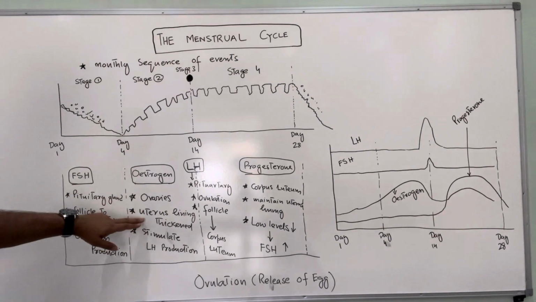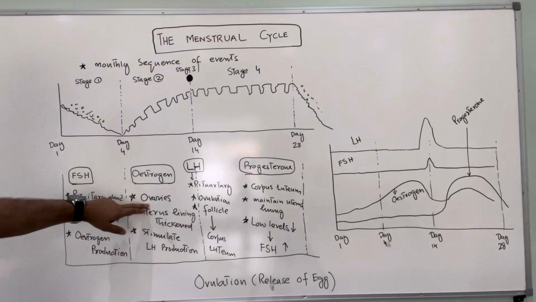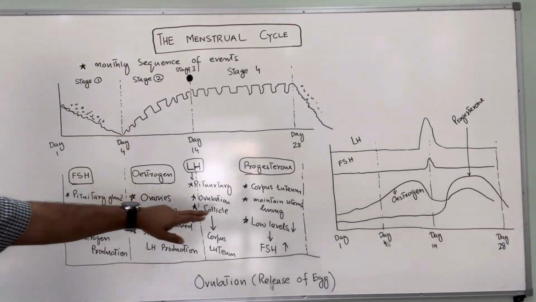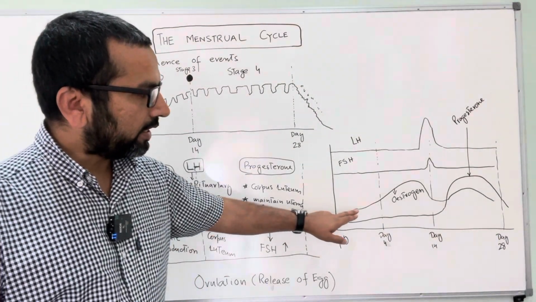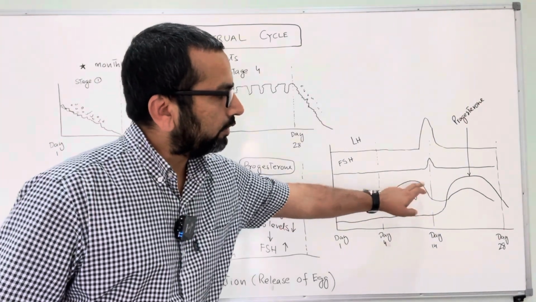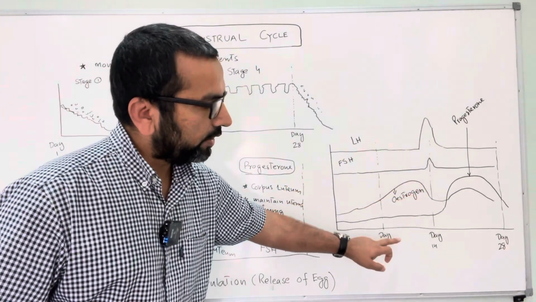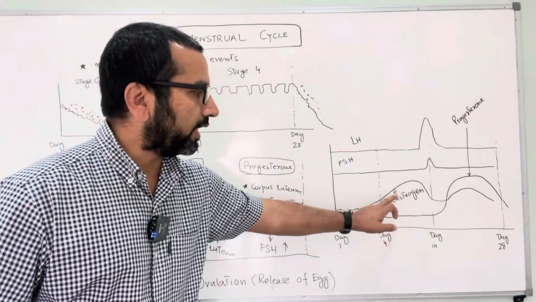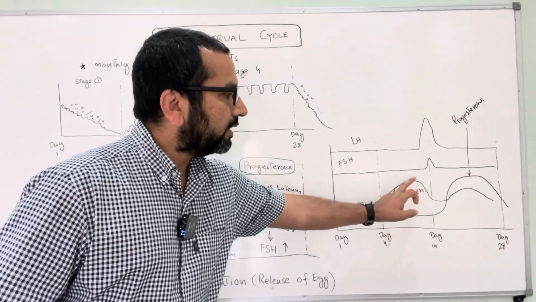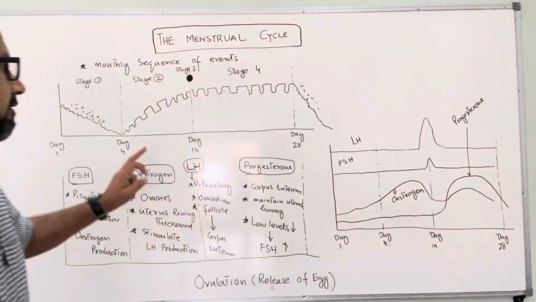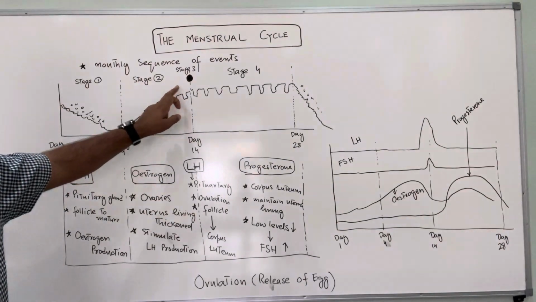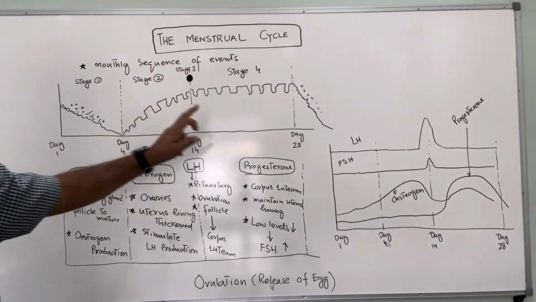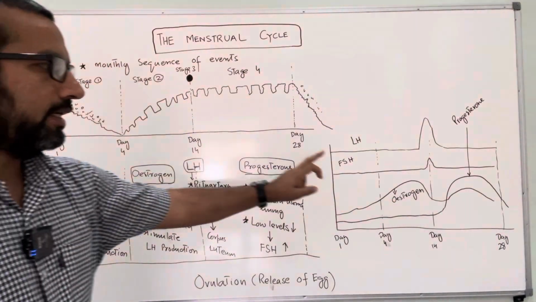Estrogen is produced by the ovaries, and you can see over here that the estrogen levels are going to increase during the second stage of the cycle. So increased levels of estrogen will help to build up the lining of the uterus. These two are related.